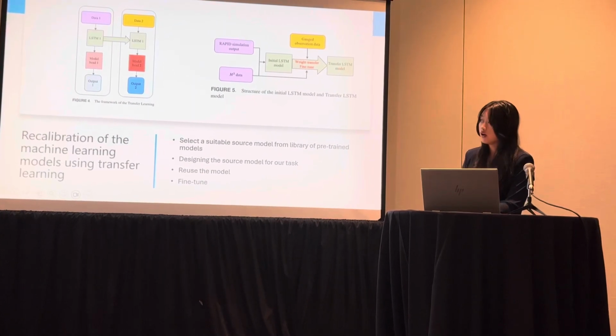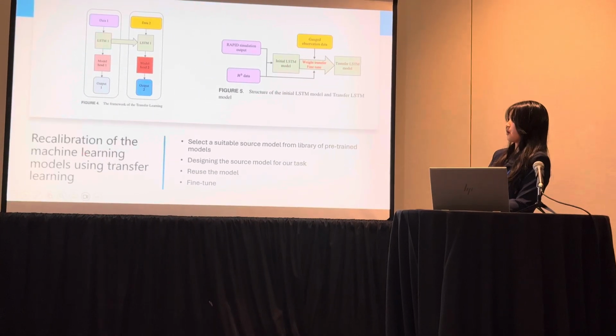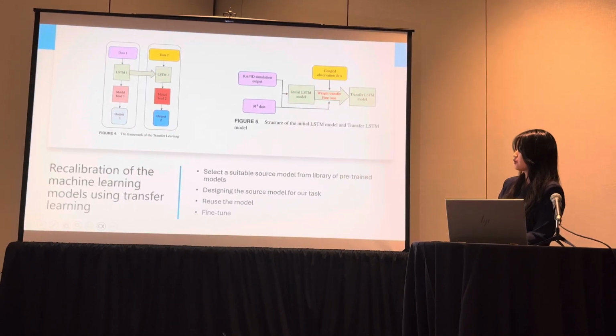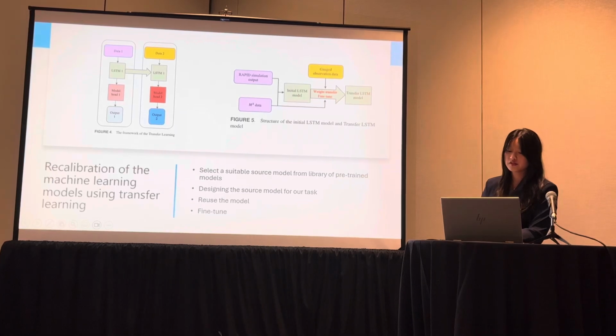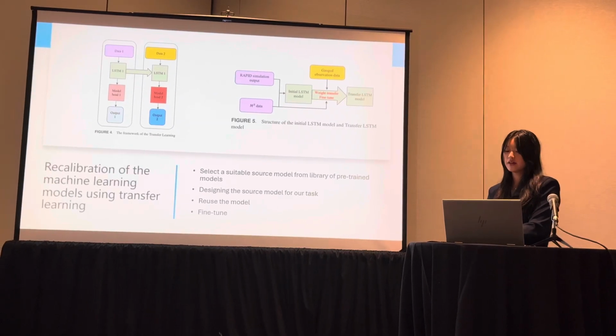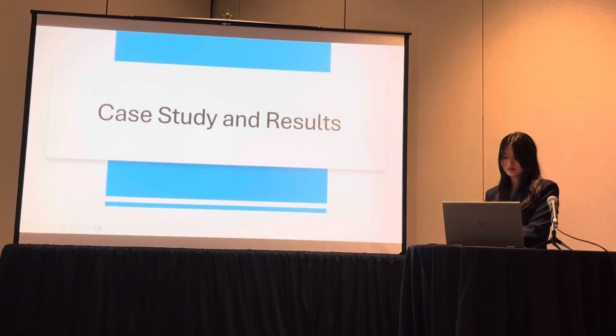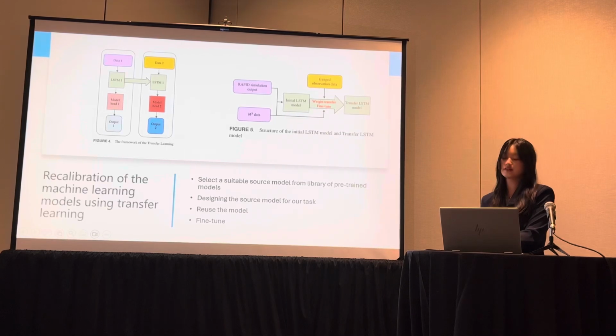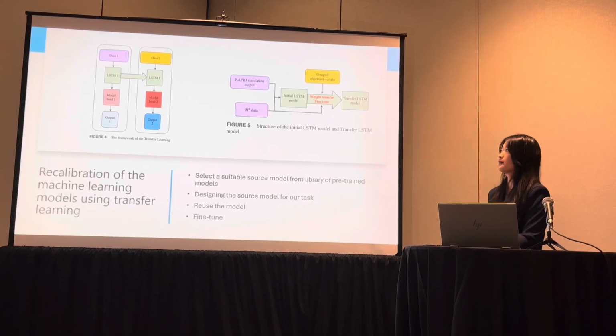Now come to the transfer learning part. Figure 4 shows the basic framework of transfer learning. The steps are, first selecting a suitable source model from a library of pre-trained models, then designing the source model for our task, and then reusing it and fine-tuning it.